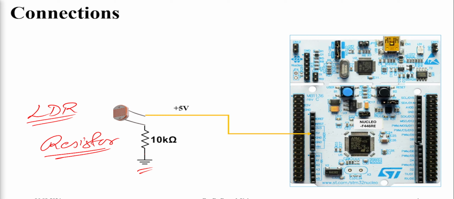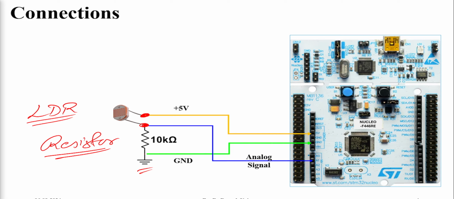We will connect the plus 5 volt from the board to one of the terminals of LDR. We will connect the junction of LDR and resistor to pin A1 of the microcontroller board, and the ground will be connected to the ground pin of the microcontroller board.